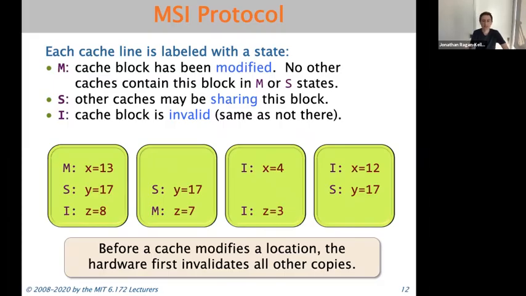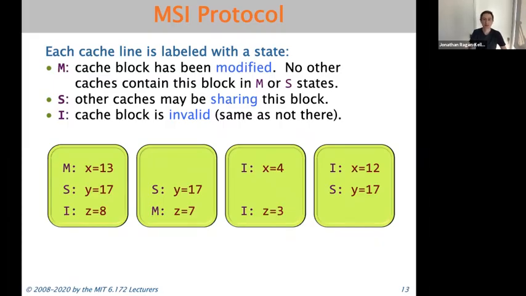All right, and we can see a little bit about how that works. So let's say we have 4 cores with 4 separate caches storing the data in the states that we see here. Core 1 has the value 13 for the variable x, and it's in the modified state. Notice no other core has a copy of x except ones that are invalidated, so they basically aren't there.